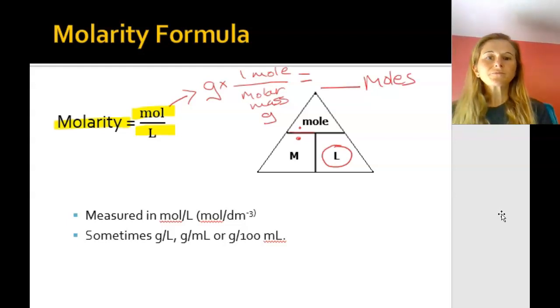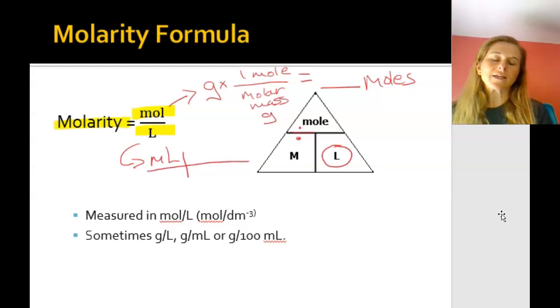And liters, our big deal there is that we might have our solution given to us in milliliters. And the same thing, we know that there is 1,000 milliliters in 1 liter. And so we can convert that to liters pretty easily too.